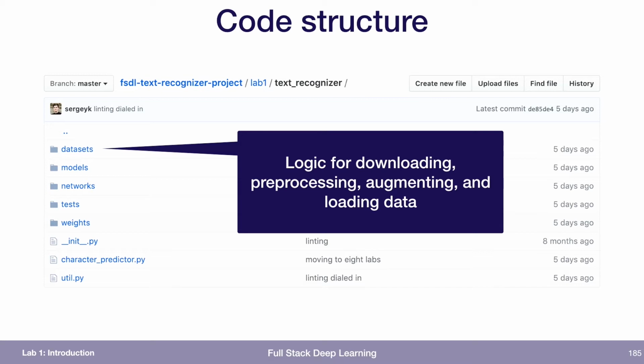But this does contain the logic for downloading that data if you have it saved in something like S3, doing all of your pre-processing and augmenting, and then loading it into TensorFlow so that you can train models on it. So that's the code contained in the datasets folder.